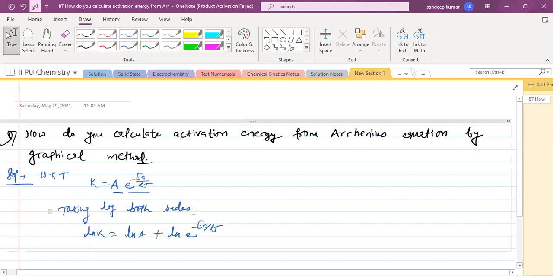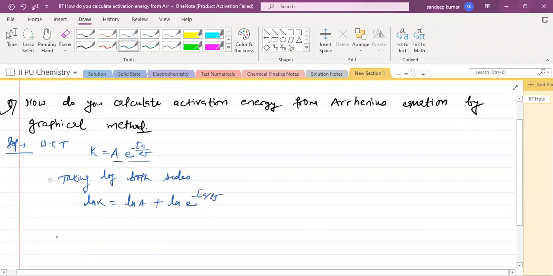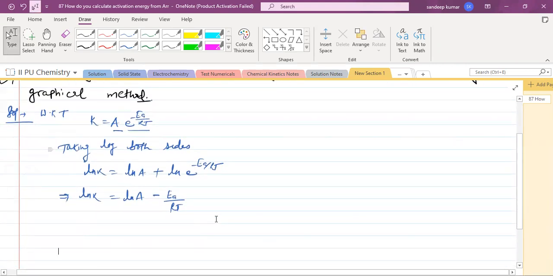Am I clear? And further, if you solve, you can write ln k is equal to ln A, and log of M to the power N is N log M, right? So we can write minus Ea upon RT, since ln e is 1. If you want to convert this natural log to log base 10, you have to multiply by 2.303.